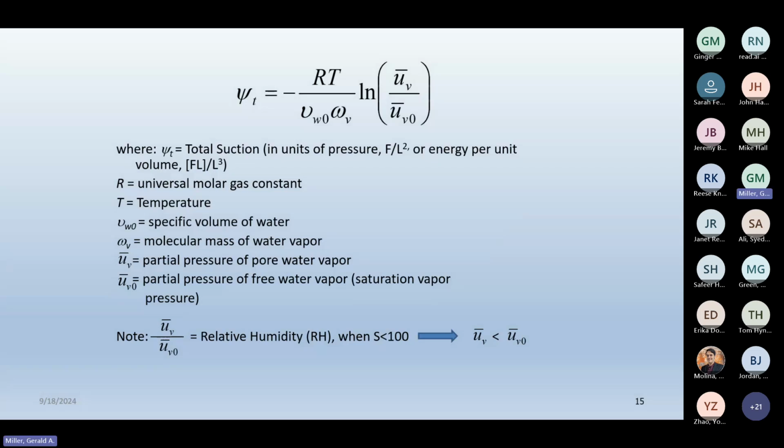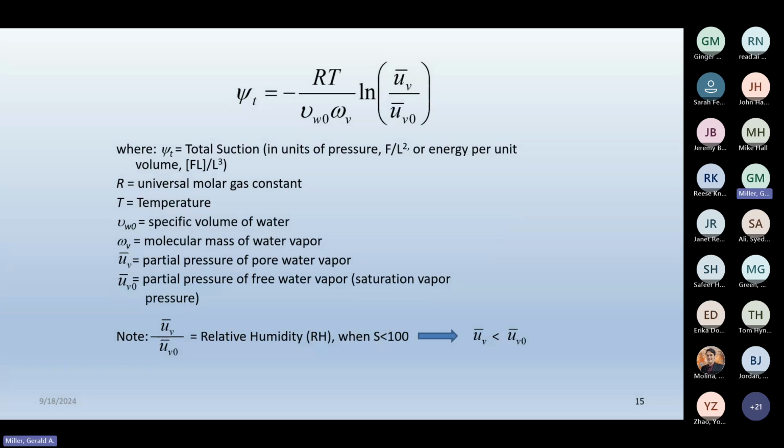By definition, that's relative humidity. The terms to the left of that are pretty much constants. Now, temperature can change, and that's one thing to keep in mind when you're using measurements that depend on this equation. The temperature is important.